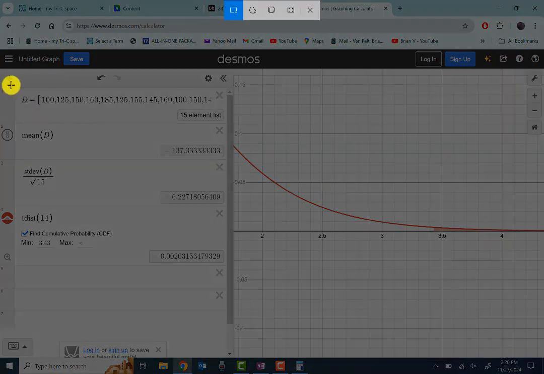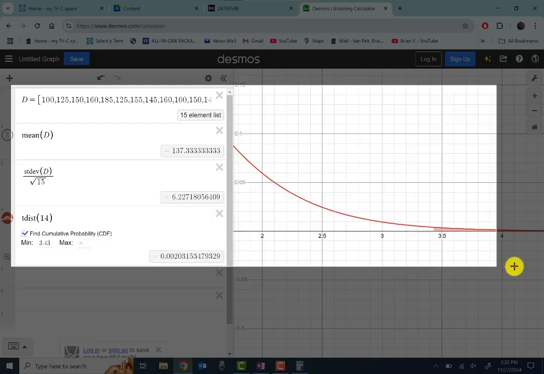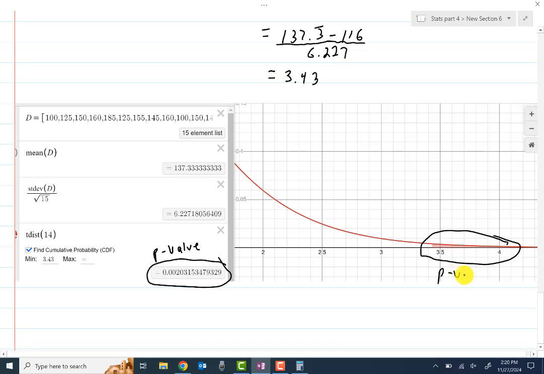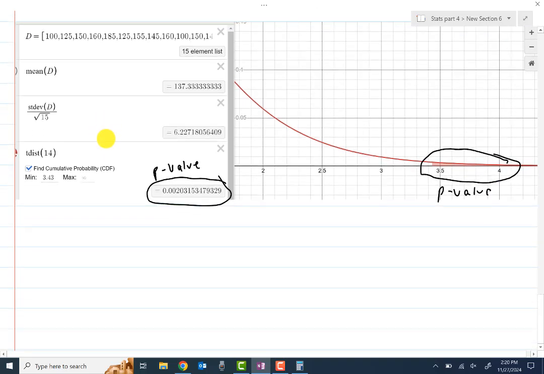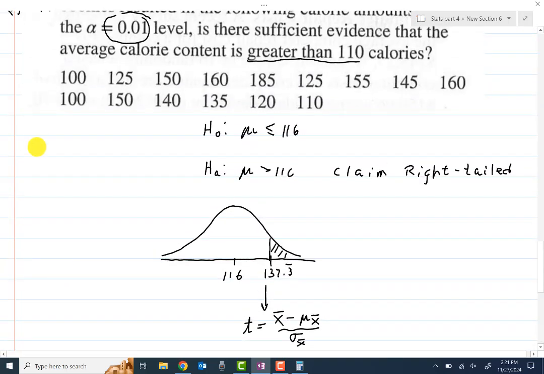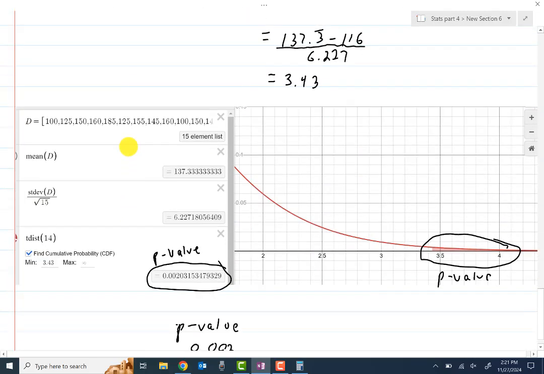Let me get you all these pictures. And once again, there's our p-value right here. And that corresponds to this area in here. You can see that the area is tiny, 0.002. And let's compare that to alpha. Alpha is 0.01.